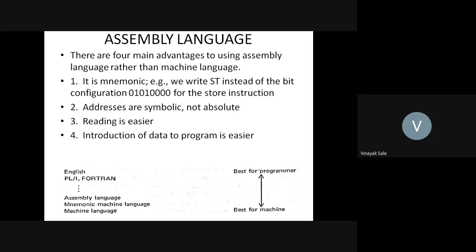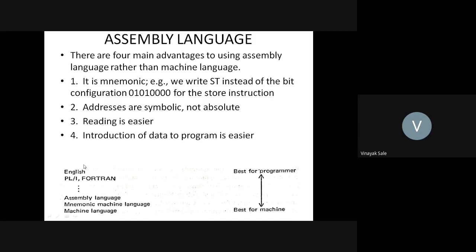For the programmer side, English or any natural language, then PL/I, Fortran are best for programmers. But for the machine, it is assembly, mnemonic, or machine language. These languages are best in the case of machines.